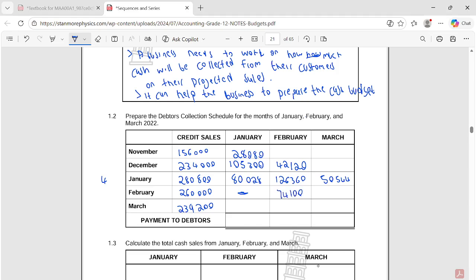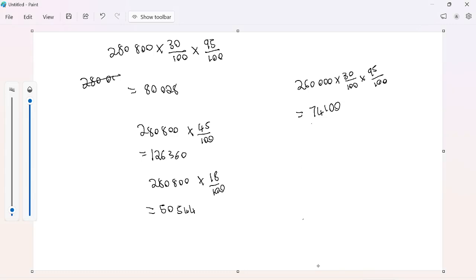Right? And then the following month is March. So therefore 260 multiplied by 45 over 100. So I'm getting 117.